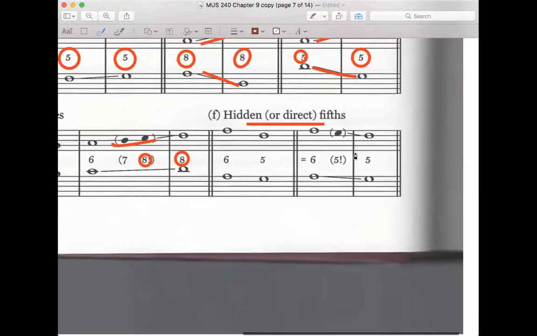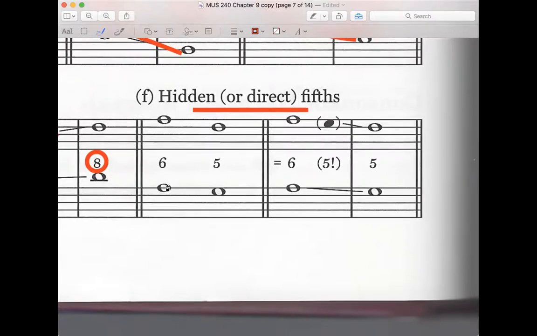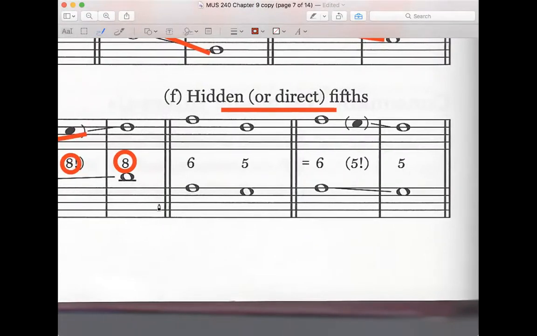The same goes with hidden or direct fifths. Same idea, where let's say I gave you a counterpoint. Let's call this the Cantus Firmus down here and the counterpoint up here. Let's say this was your answer. Well, there's a problem here because this is skipping down, this is stepping down. Oh, actually, this is going in the same direction, but by a different amount. That's similar motion.